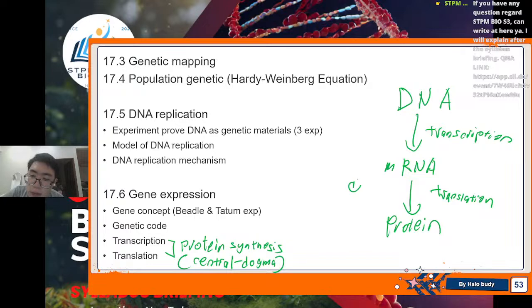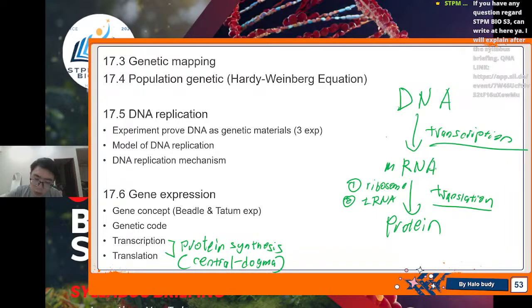And then this one we need two organelles, ribosome and also tRNA. Ini dia kena menggunakan ribosome dan juga tRNA untuk menghasilkan protein. So this process is called translation. DNA pergi mRNA is transcription. Okay, faham?